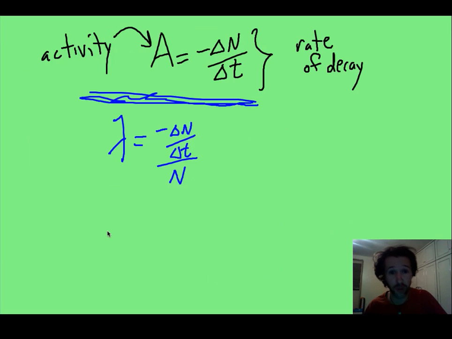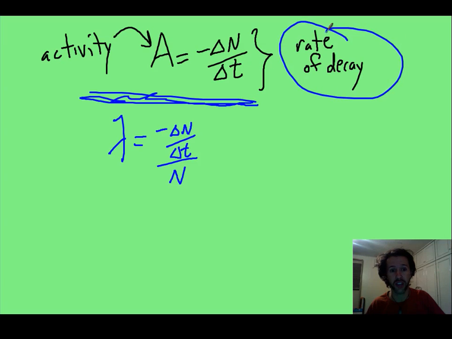As if you didn't have enough equations in this part of it, do also remember that we have the term activity, which we call capital A, which is the same thing as this rate of decay. Just to backtrack a little bit, if you remember this equation here for the decay constant, we can plug in A here.